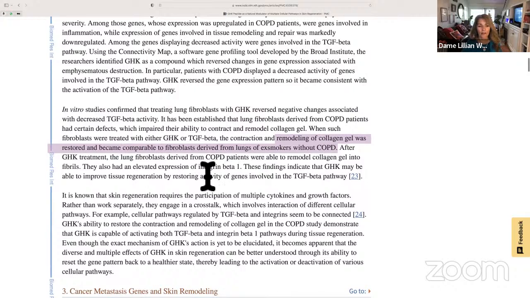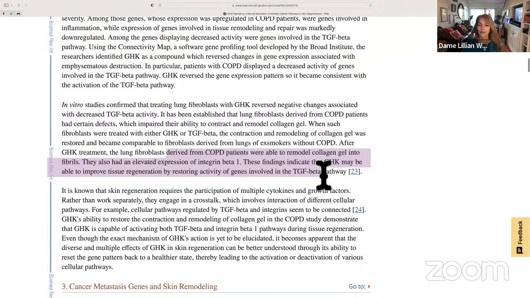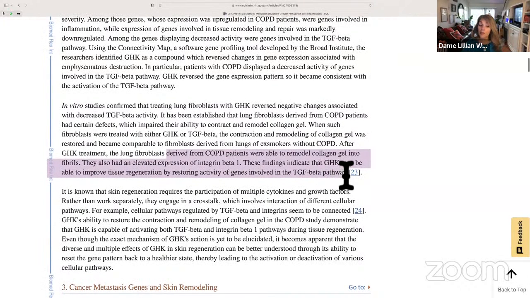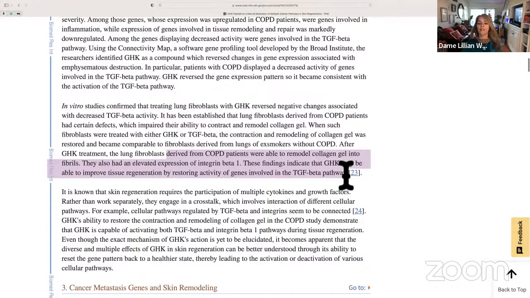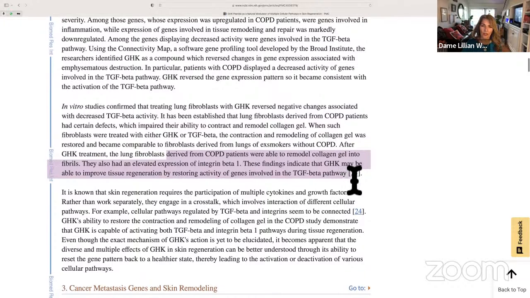After the GHK treatment, the lung fibroblasts derived from COPD patients were able to remodel collagen gel into fibrils. They also had an elevated expression of integrin beta 1. These findings indicate that GHK may be able to improve tissue regeneration by restoring activity of genes involved in the TGF-beta pathway.